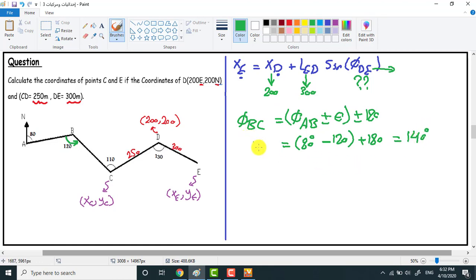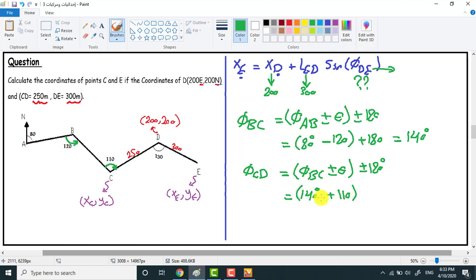This is phi BC. Phi CD equal phi BC plus or minus theta plus or minus 180 degree. Phi BC we calculated 140 degree plus or minus theta. Theta is 110 degree, and it's measured clockwise, so it will be positive.